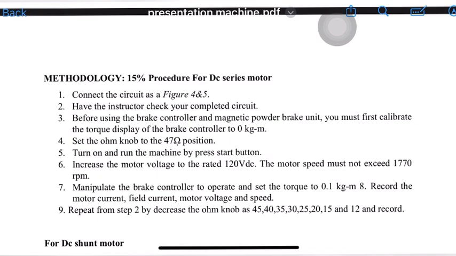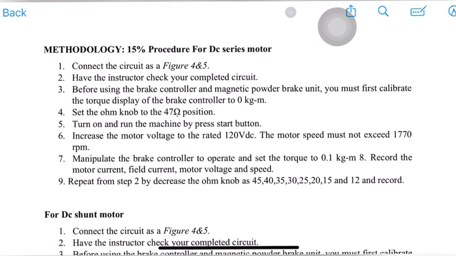Set the ohm knob to the 47 position. Next, turn on and run the machine by pressing the start button. After that, increase the motor voltage to the rated 120 VDC. The motor speed must not exceed 1770 RPM.